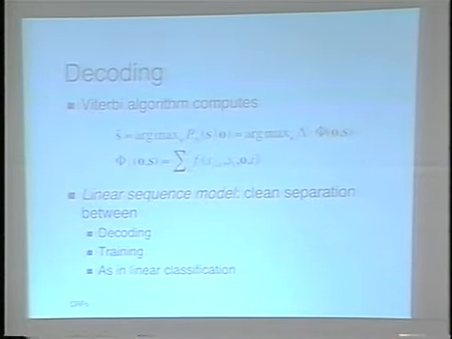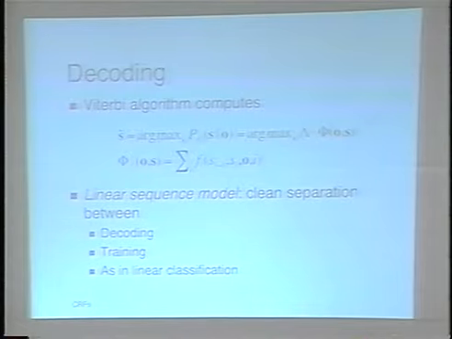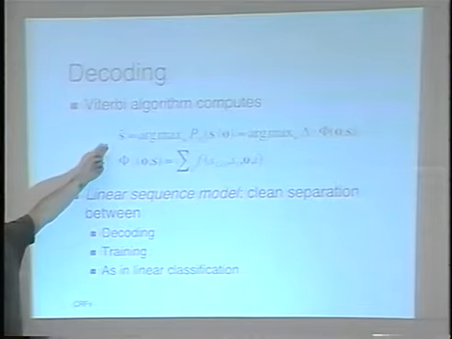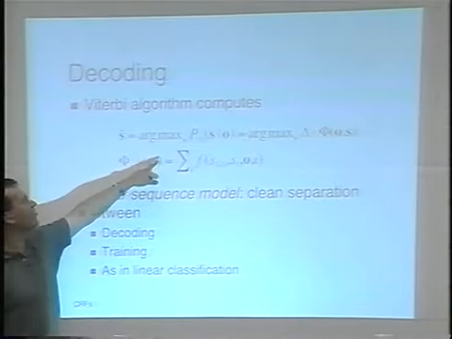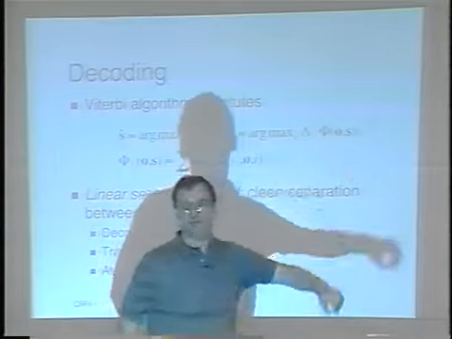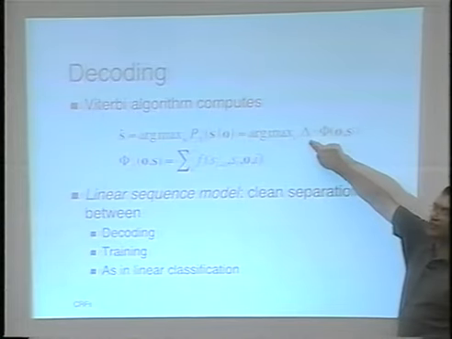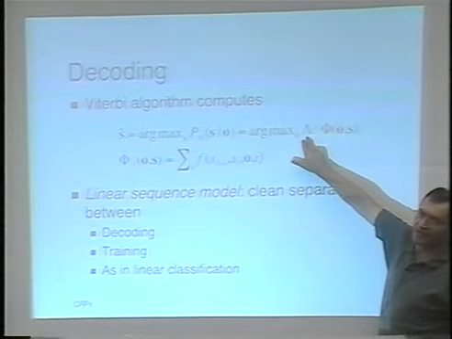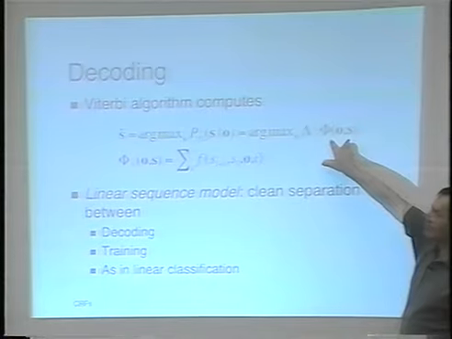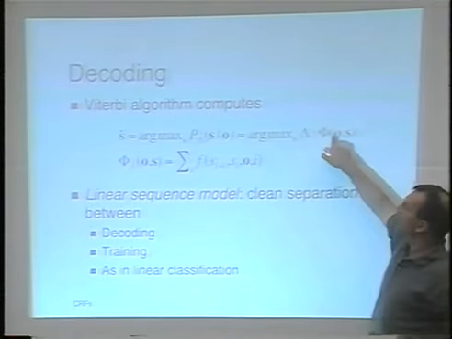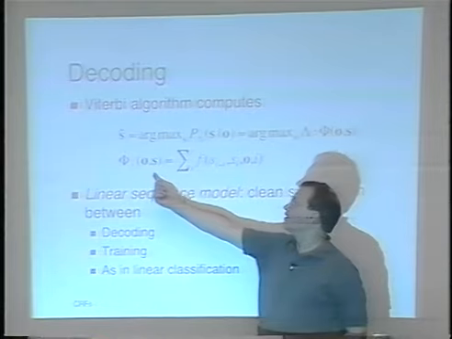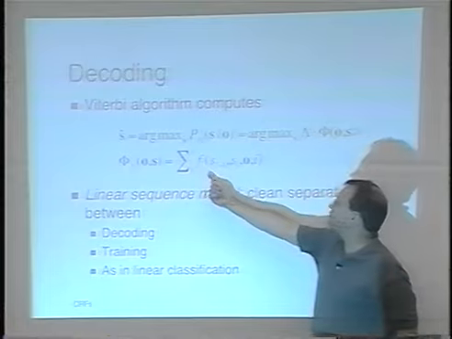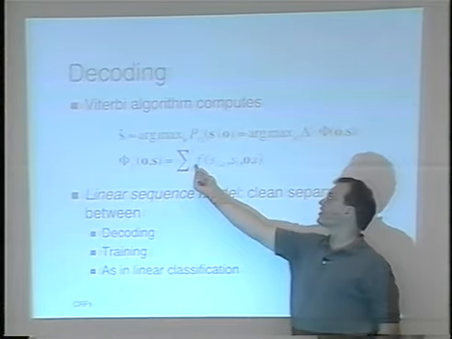So one thing that's worth noticing is the following. When you're doing decoding with a model like this, it's trivial algebra to show that what you're doing is computing the argmax of a linear function, which is the inner product of your parameter vector and a feature vector, where the coordinate of the feature vector for feature f is simply the sum over all positions of that feature function.